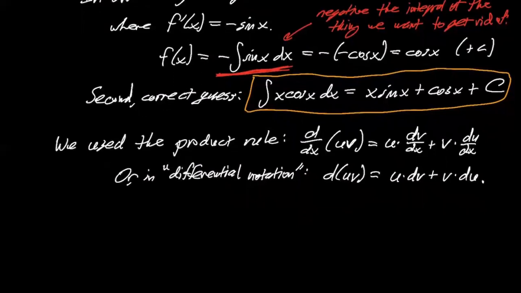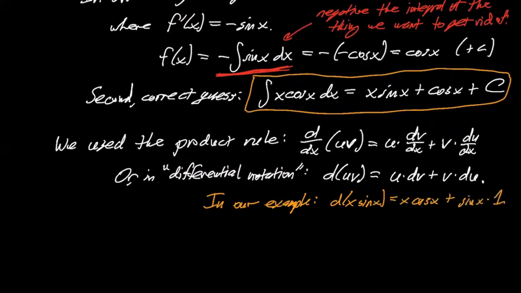So in our example, we had the derivative of x sine x was x cosine x plus sine x times 1, right? u is x. Well, okay, so something is going on here.